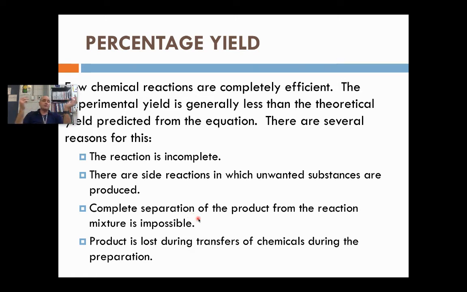The purity of your reactants could also not be good, or the product is lost during transfers of chemicals during the preparation. So those are all big ones for you to know. If they expected you to list 2 or 3, you should know these 3.